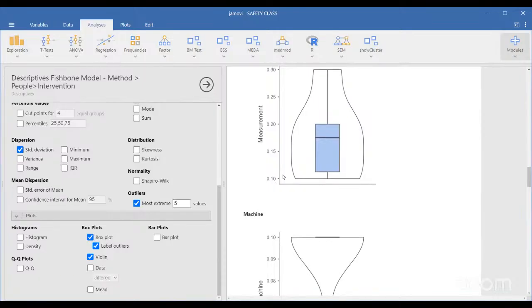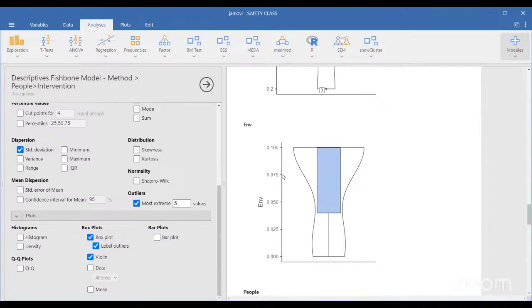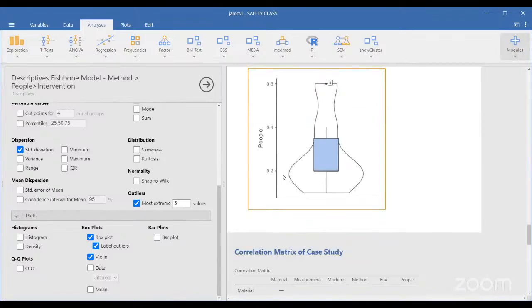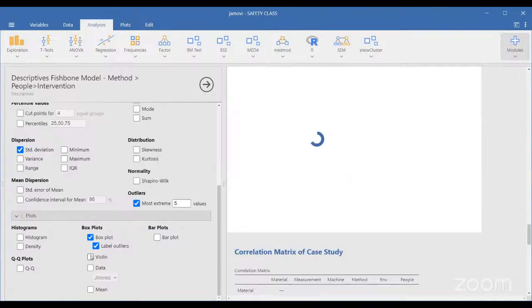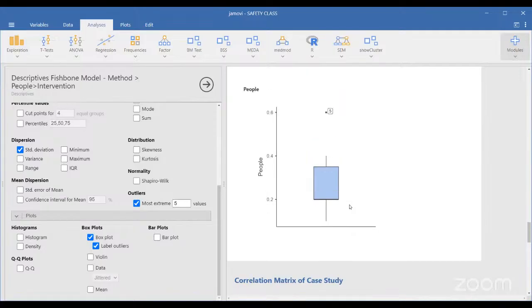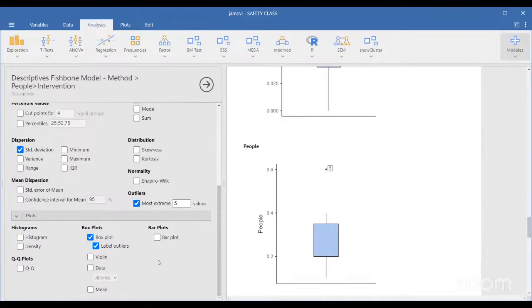So you unclick violin. Now here you can find out this 5. Have you seen? The circle is there, 5. Yes. And you have to retain the label outliers, okay? Box plot, after that label outliers.